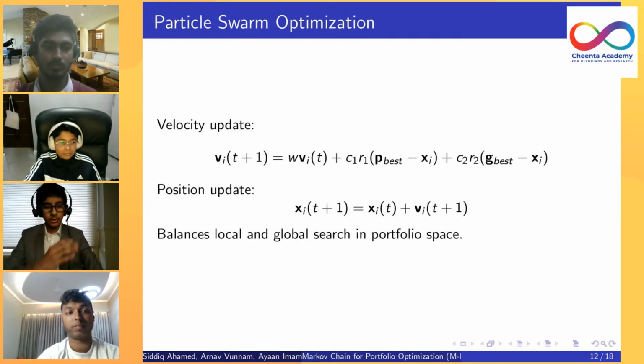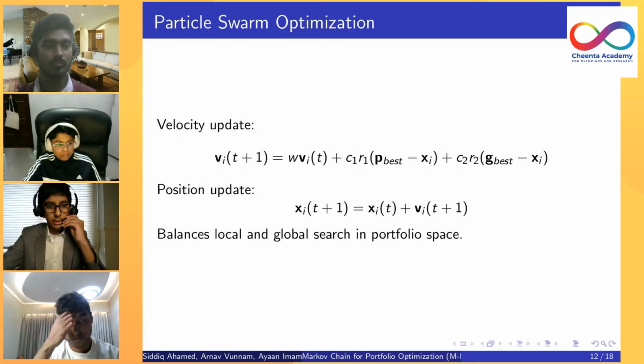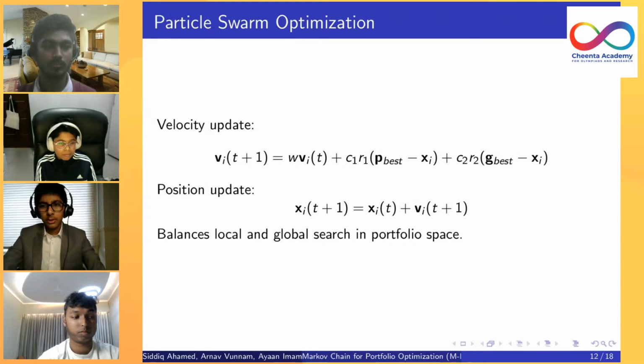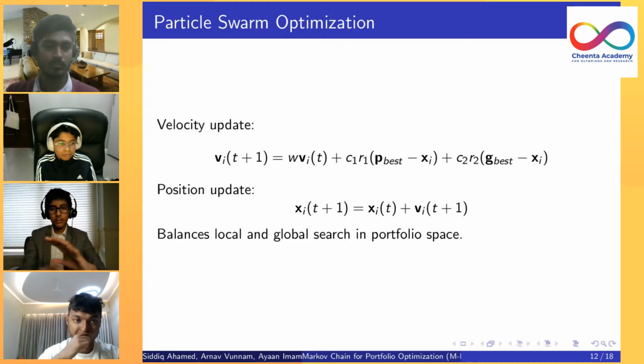So now we'll be talking about particle swarm optimization. Particle swarm optimization works in a simple fashion. First, we choose a set of 30 particles. It works with two key update equations.